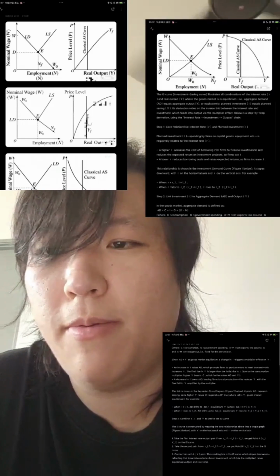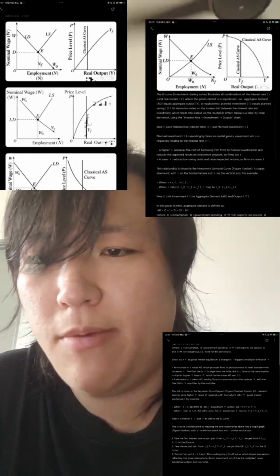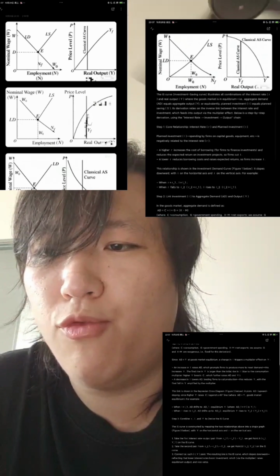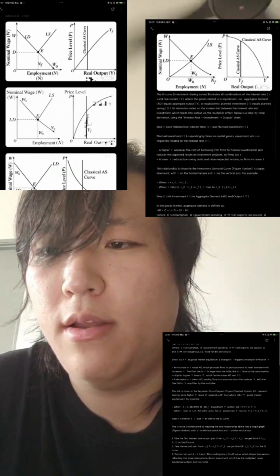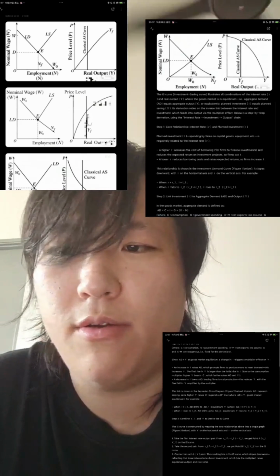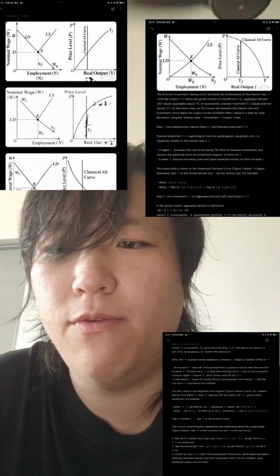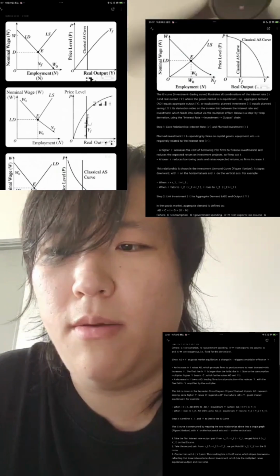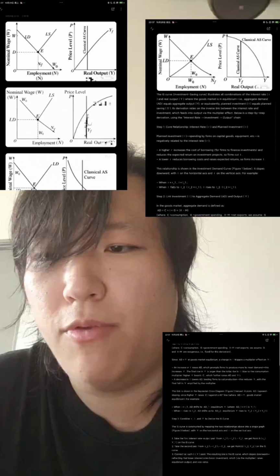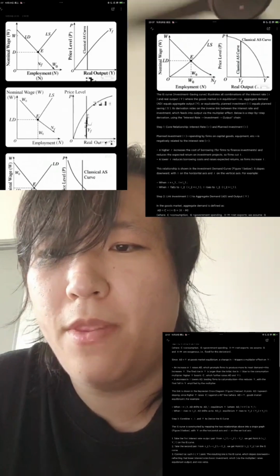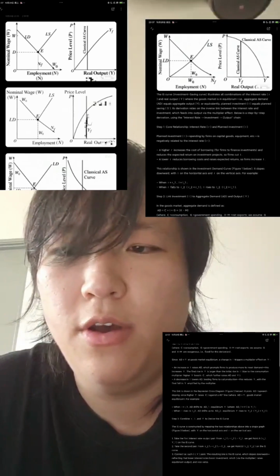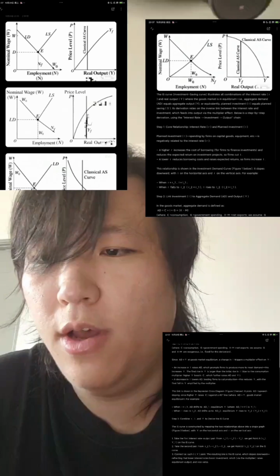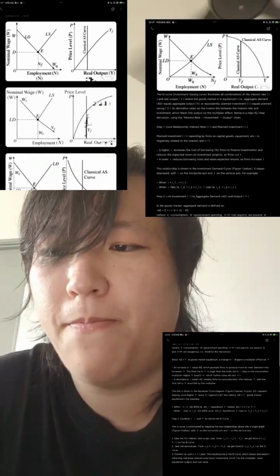When the labor market is in equilibrium, the equilibrium real wage is this one, and the equilibrium level of employment is NF. Substituting NF into the production function, we can obtain the full employment output YF.